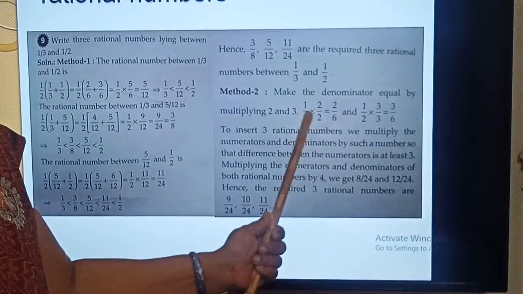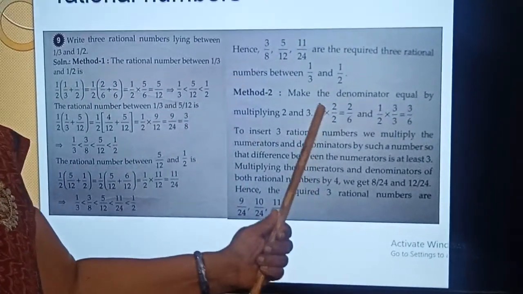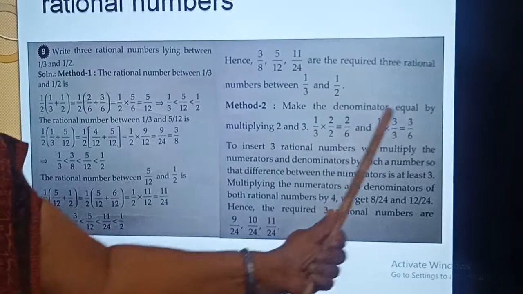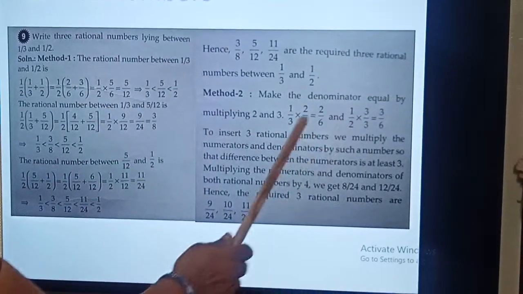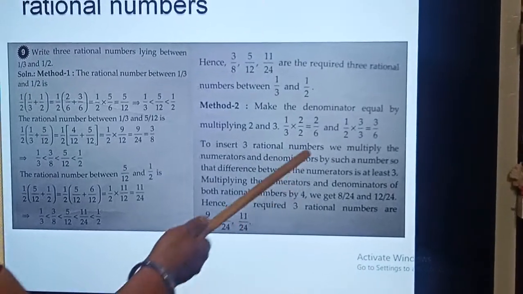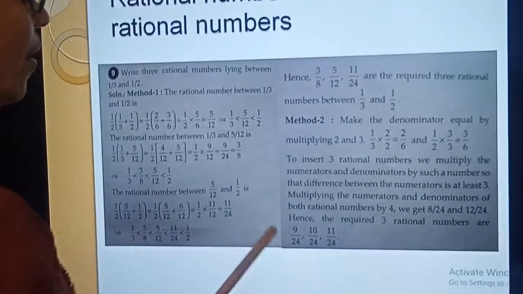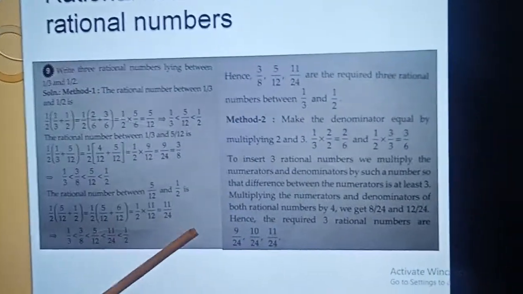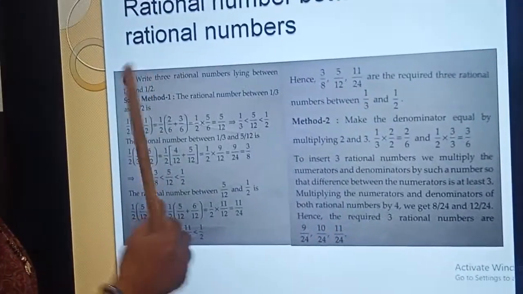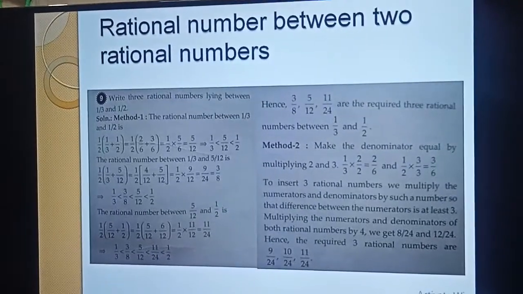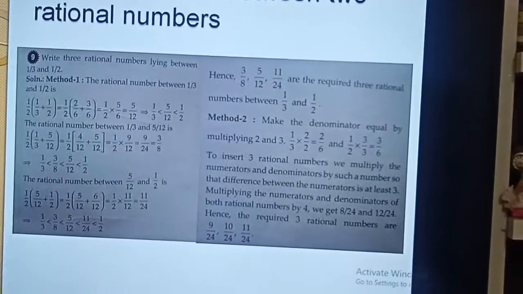So 1 by 3 into 2 by 2 is nothing but 2 by 6, and here 3 by 6. Again I am not getting any rational numbers in between. Even then you can use the mean method also, or find them by the LCM method. In this way you can find rational numbers in between.